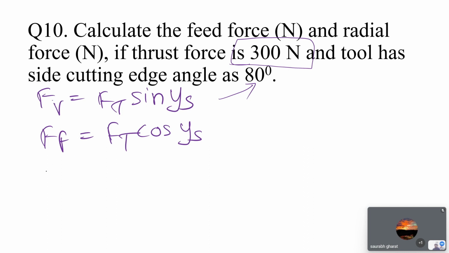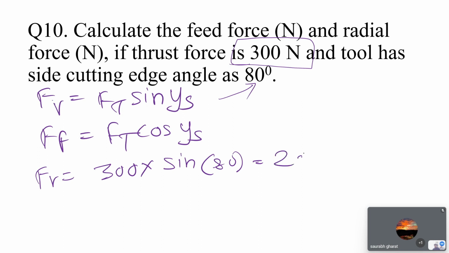So just find FR, 300 into sine of 80, equal to 295.488.